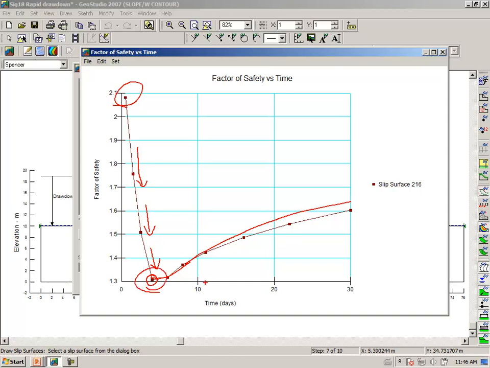So obviously, from a design point of view, it's this lowest factor of safety that is of interest to us. So that shows how we can use the time-dependent results in a stability analysis to get something like a factor of safety versus time.